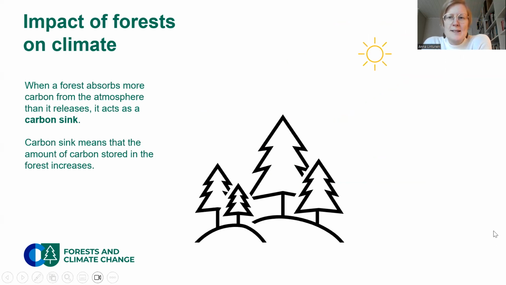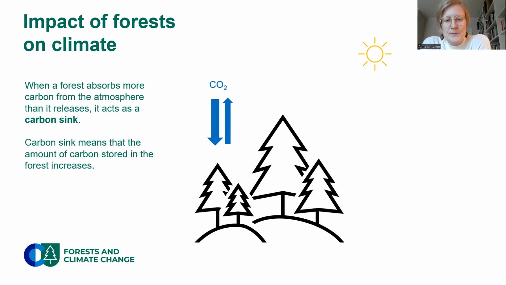How are then forests impacting climate? Let's first think about carbon dioxide. Trees and other green plants are photosynthesizing. And when they photosynthesize, they take up carbon dioxide from the atmosphere and store it in the plant biomass. Also, forest soil is a big store of carbon.